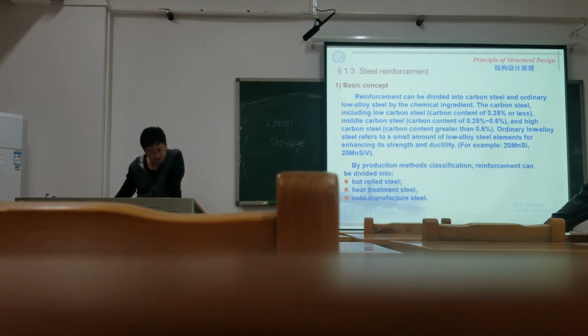And for the carbon steel, depending on the content of the carbon, we can divide into low, middle and high carbon steel. It mainly depends on the carbon content. 0.25% or less is low carbon steel.